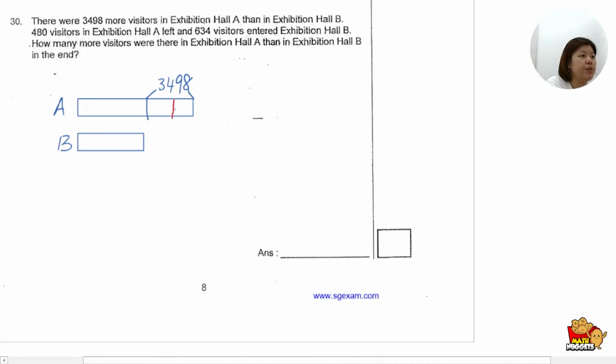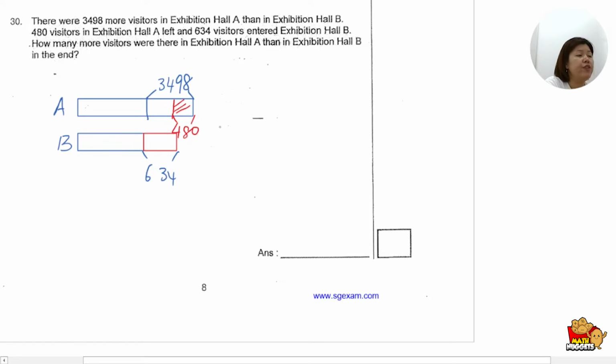So A, 480 left, and B, there are 634 people who enter. So this part is enter, which is 634. So how many more visitors does A have than B?